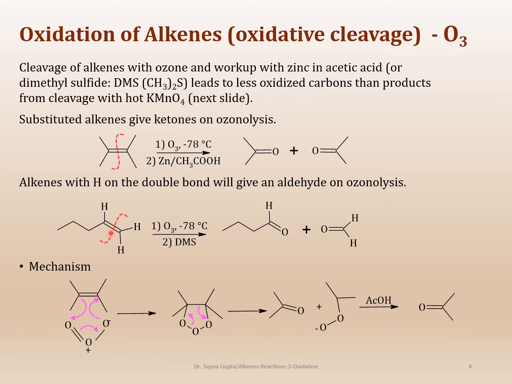Why do you get aldehydes? Because you have hydrogen on here. If this was carbon, you would get a ketone, but because this is a hydrogen, you end up getting an aldehyde. Terminal alkenes will always give you an aldehyde, and the rest will depend on whether you have a hydrogen here or not.